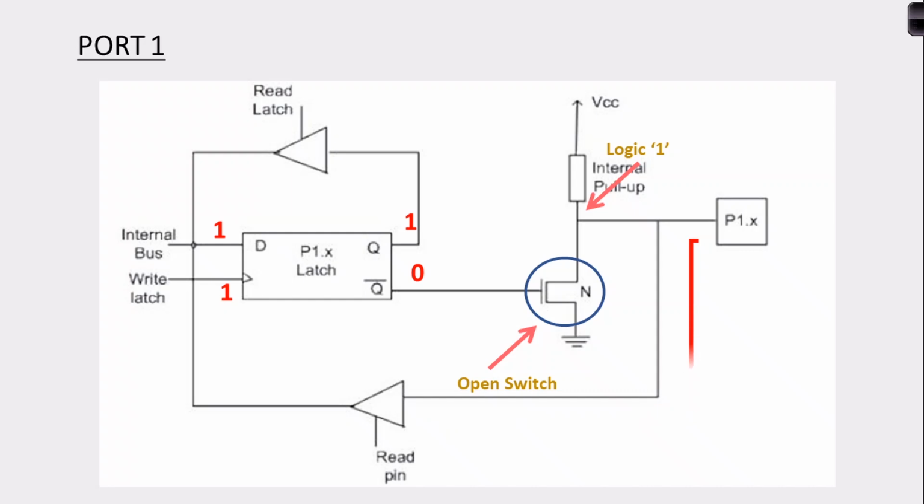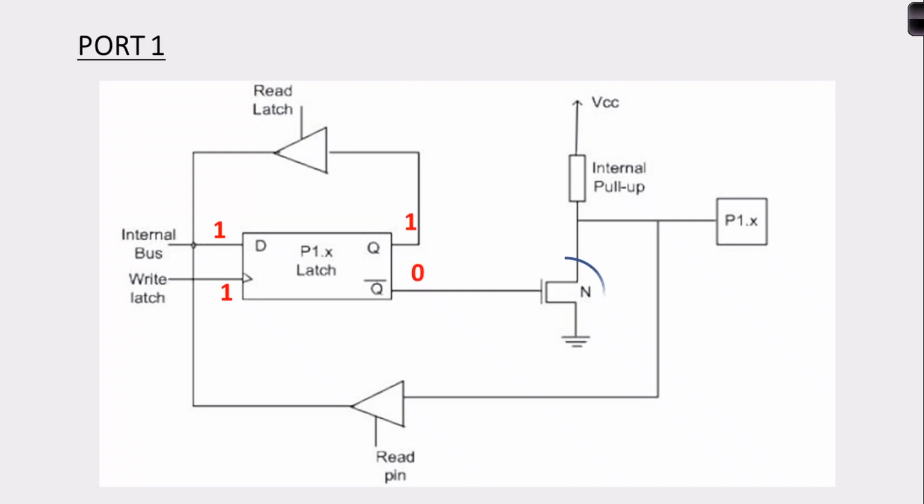Now if I want to make it an output port, I should send 0. Then the outputs will be 0 and 1, and my NMOS will be in the on state, a closed switch, and I'll get logic 0 over here. Now if I want to send logic 1 to the output port, my internal bus will be 1, and my outputs at the latch will be 1 and 0.